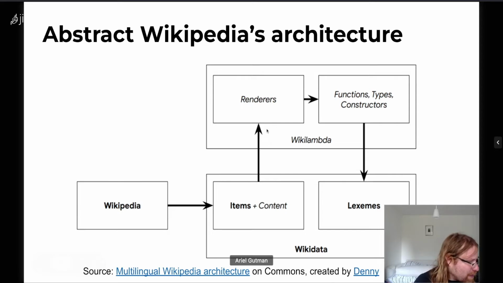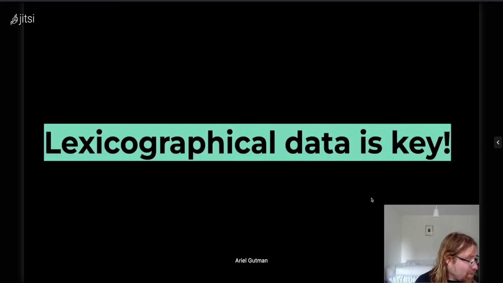Well, maybe it's not strictly dependency, but anyhow, we will use renderers to render this abstract content. As I said, there will be all kinds of functions and types and constructors. But at the end of the day, what we really need in order for this to work is Lexemes. So everything at the end depends on Lexemes, and these Lexemes, as you know, are stored in Wikidata. So really, the success of this project lies to a great deal on the lexicographical data, its quality and coverage within Wikidata.